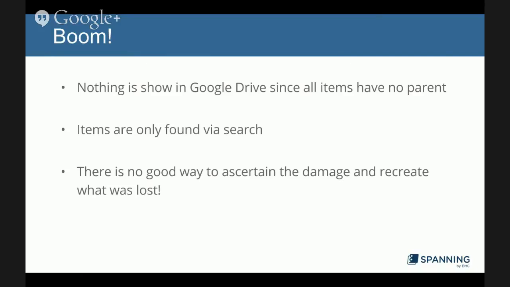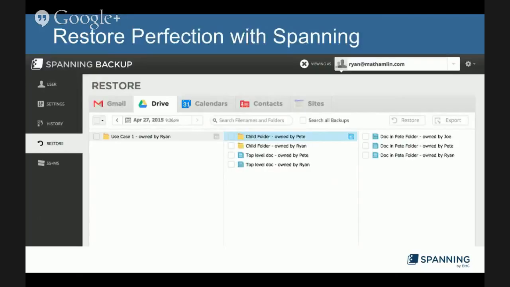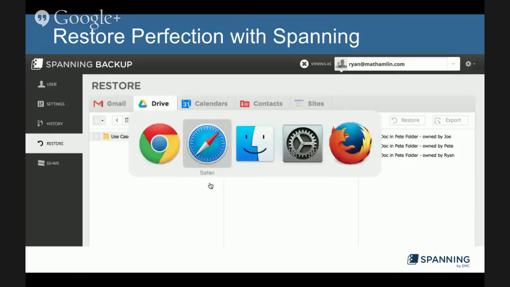Again, you can find them via search, but there's not a good way to ascertain the damage. It's not a good way to understand the entirety of the fallout of deleting that folder and to recreate that. It's lost. There's no good way to fully understand what happened to every file and try to put it back. So with Spanning, we do make that much, much easier. Let's take a look at that.